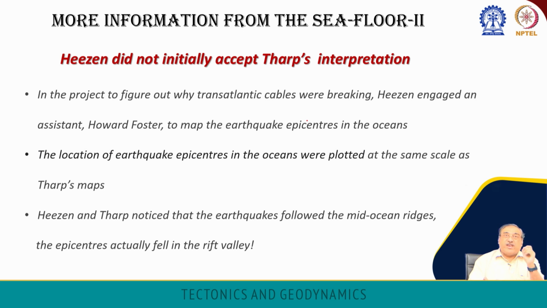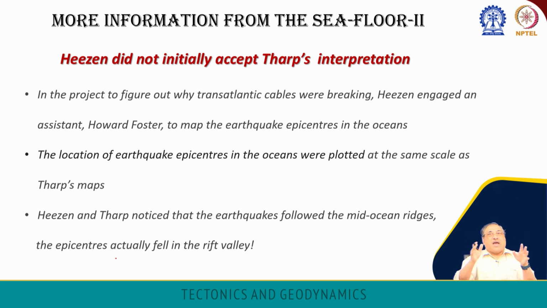Now, already Marie Tharp had suggested that the earthquake epicenters were coinciding with this part. Then, when you plot them both on the same scale, Heezen and Tharp noticed that the earthquakes all followed the mid-oceanic ridges. Not just that, the epicenters of the earthquakes actually fell within the rift valley.